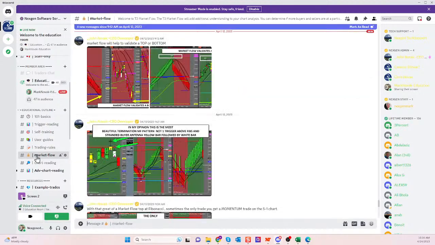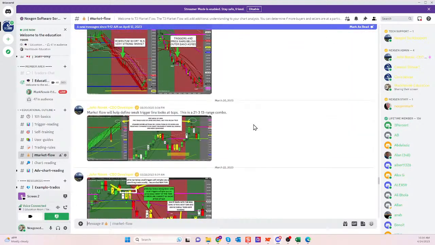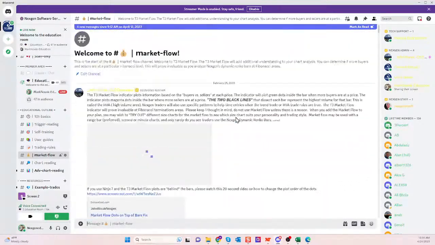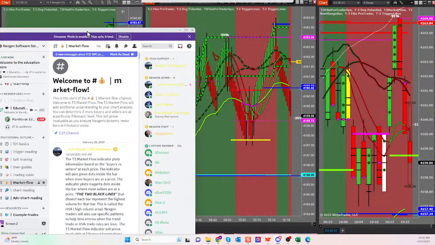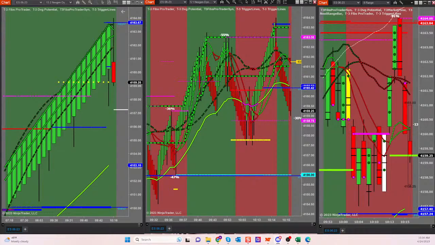When you're ready to add that third chart, that market flow chart, John's created an entire section of understanding market flow. There's a whole section dedicated to chart reading and then an advanced chart reading section as well. Guys, this is all available for you in Discord. You could spend a week in Discord getting information.